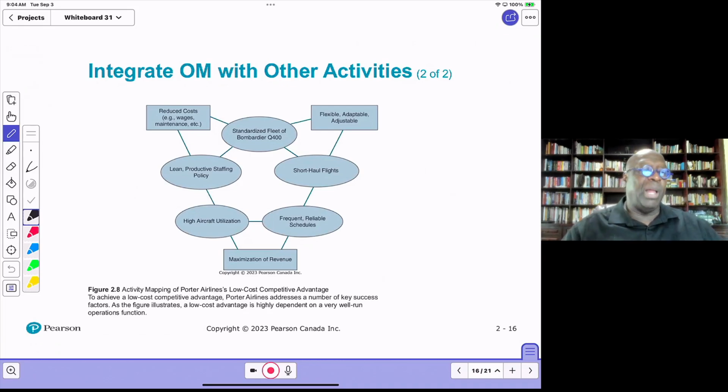You have frequent reliable schedules, which then helps to maximize utilization of your equipment, which is your aircraft, right? So these things sort of mutually reinforce each other. And so this map is called an activity map that shows how these parts reinforce each other. Okay.